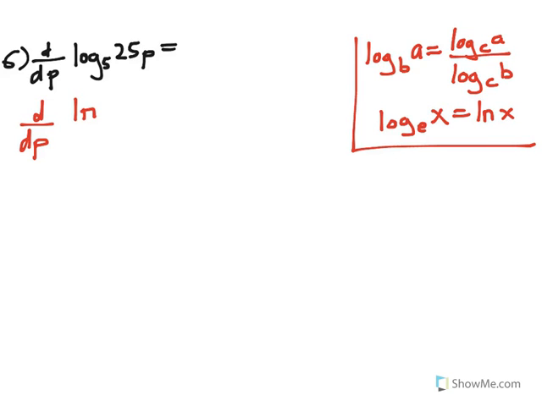So this is going to be the natural log of 25p divided by the natural log of 5. Actually, you know what? There's an easier way to do this. This approach will work, but there's an easier way to do this.